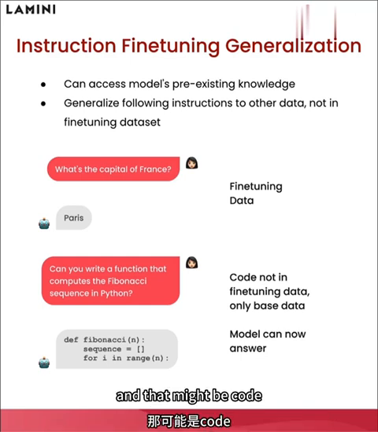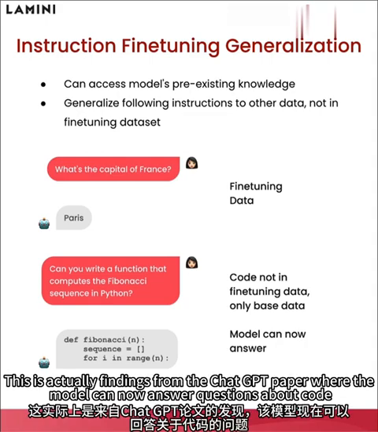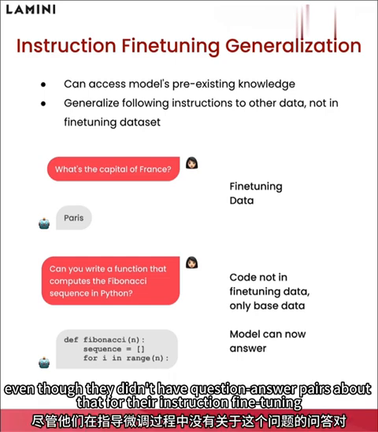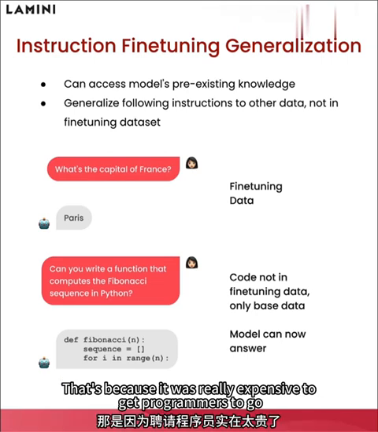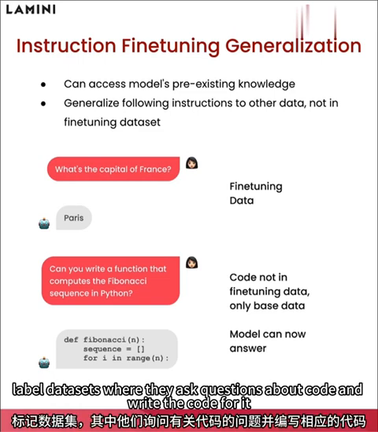And so that might be code. And this is actually findings from the ChatGPT paper where the model can now answer questions about code, even though they didn't have question-answer pairs about that for their instruction fine-tuning. And that's because it's really expensive to get programmers to go label data sets where they ask questions about code and write the code for it.